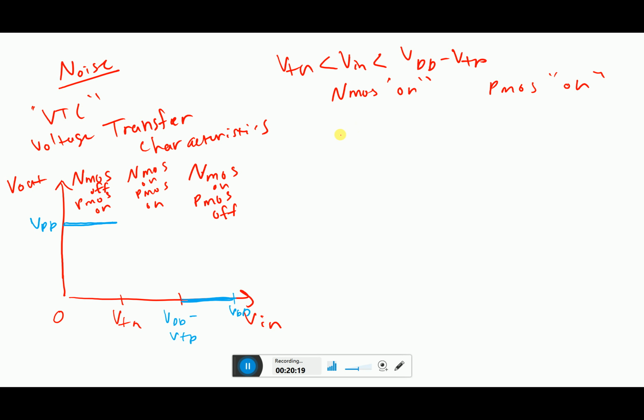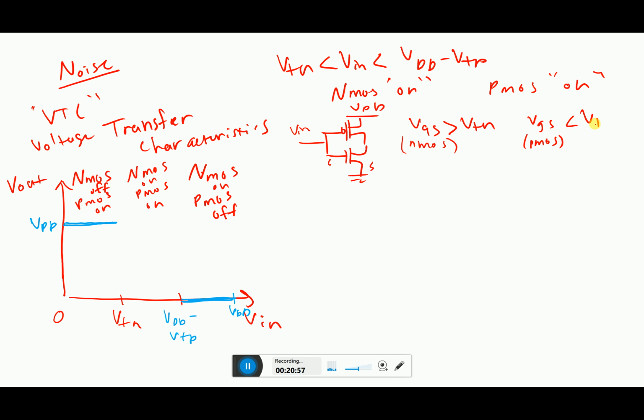We can see this because the VGS for the NMOS is greater than VTN, and the VGS for the PMOS is less than VTP. And obviously these are both on in this case.